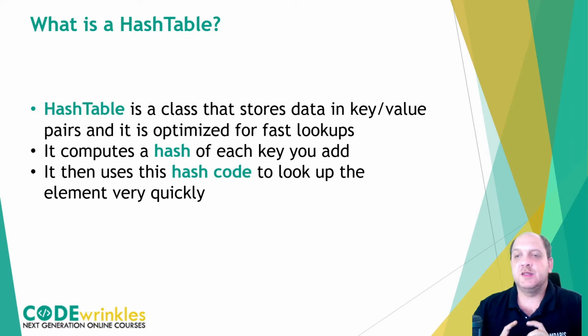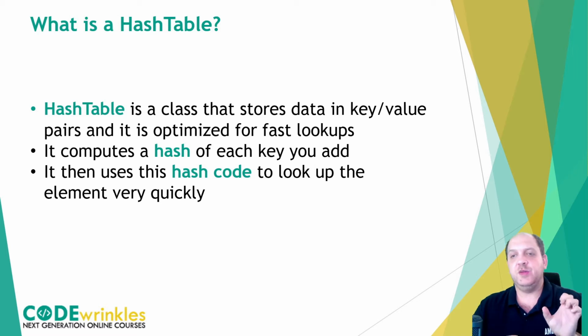But the cool thing about a hash table is that for the key, it doesn't store the value of the key itself. Instead, it computes a hash of each of the keys, and then uses this hash code to look up different keys.